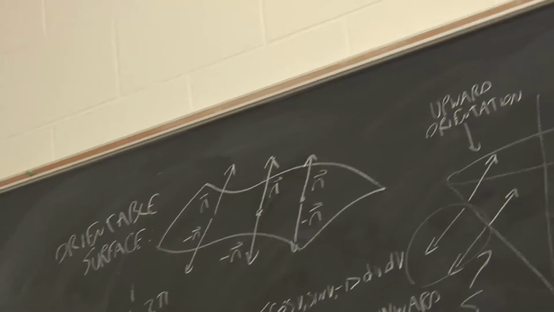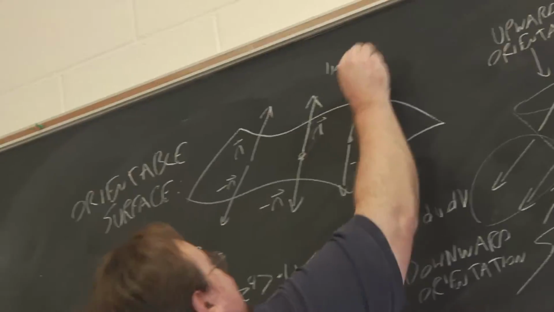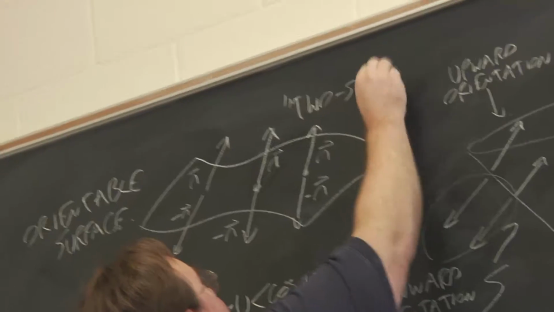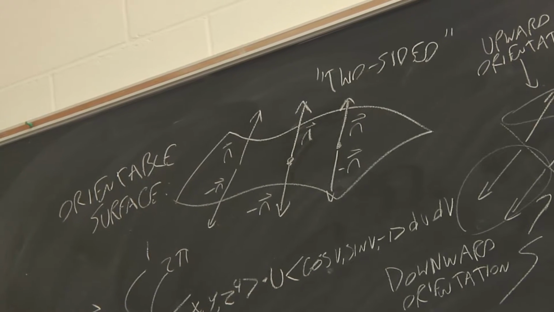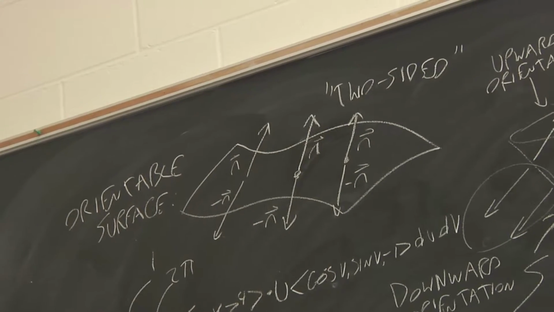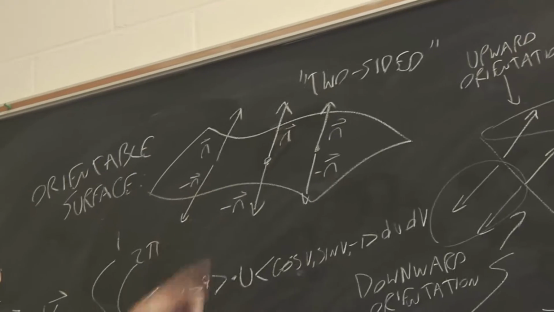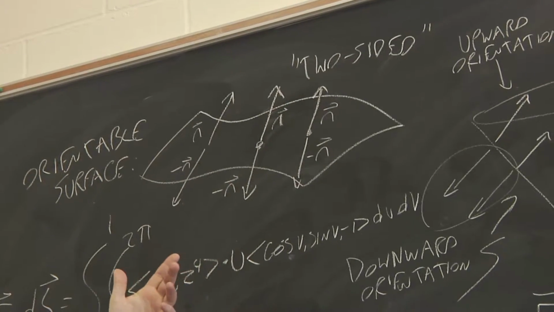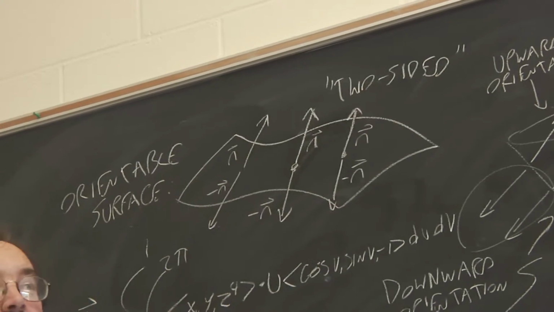Now, informally, an orientable surface is two-sided. There are two visually easily identifiable sides to it. Unlike the example I did last time, the Mobius strip, which is a surface that only has one side. Even if you vary a unit normal vector continuously along the Mobius strip, at any point on the strip you actually have two normal vectors that you can get.